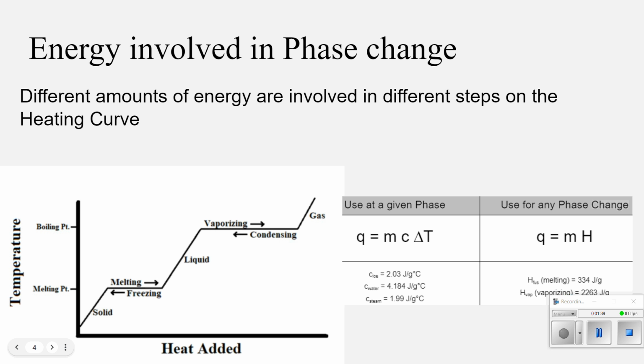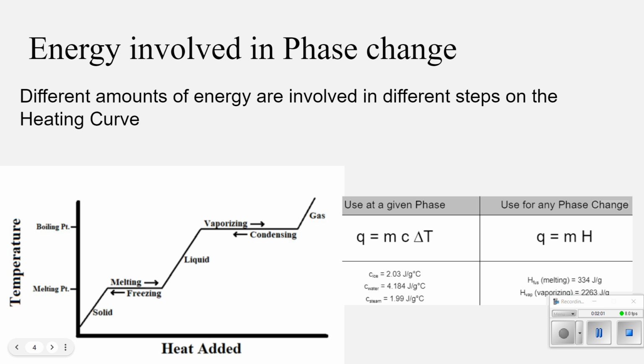What you can see on the top of your sheet of paper, where it says Q equals MC delta T, the C value, the specific heat capacity, again, how well matter can absorb energy before its temperature changes, that value varies based upon state of matter.